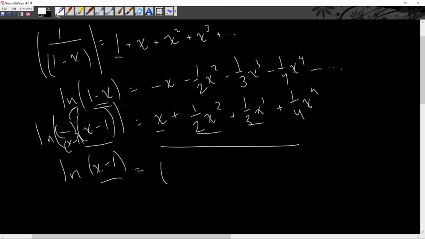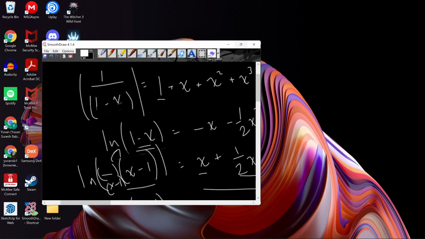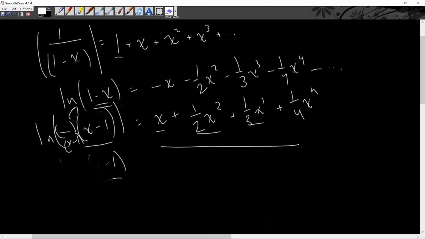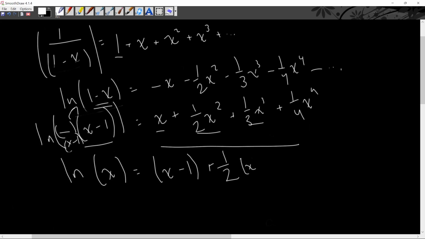So you have x minus 1. Let's rewrite this. So with that positive ln x minus 1, if you just make this ln of x, you're going to be using x minus 1 for every place that you see x, right? So this is going to be 1/2 x minus 1 squared plus 1/3 x minus 1 cubed. Or, wait, what?